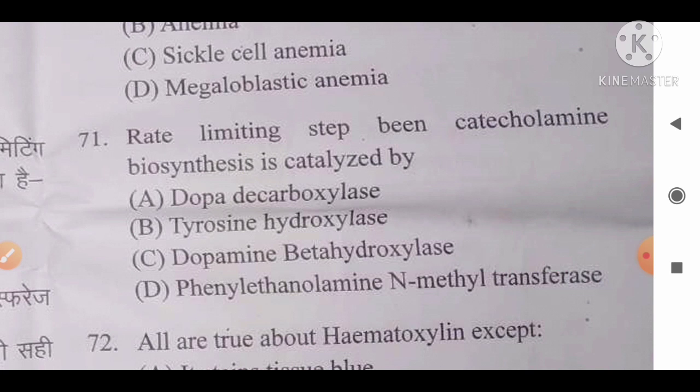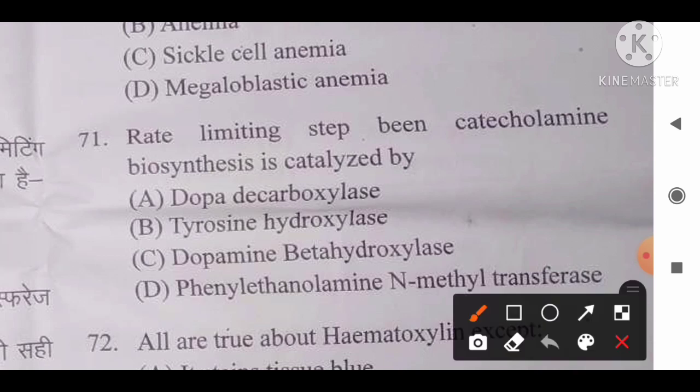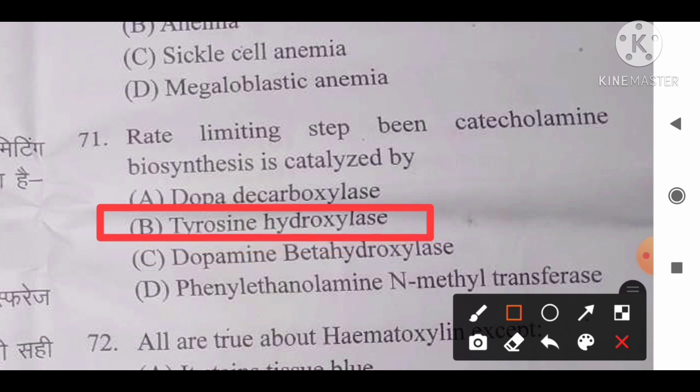And the fact available regarding this question, it is tyrosine hydroxylase catalyzes the synthesis of dopa, that means L-dihydroxyphenylalanine, from the tyrosine. That is the rate limiting step for catecholamine biosynthesis. So from the given information we can say option B, tyrosine hydroxylase is the correct answer for this question.